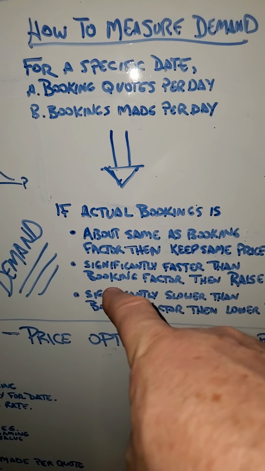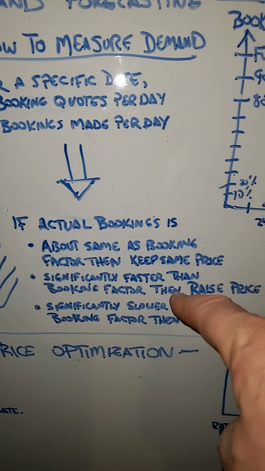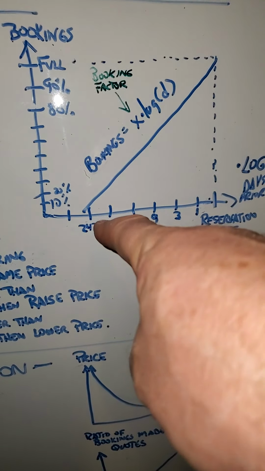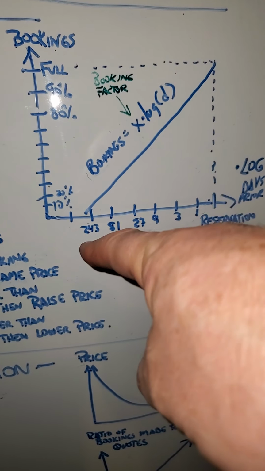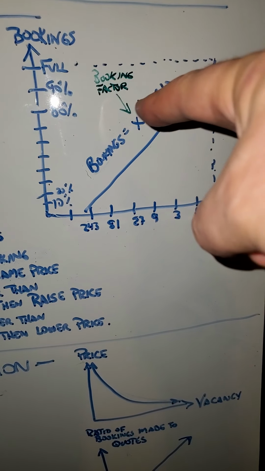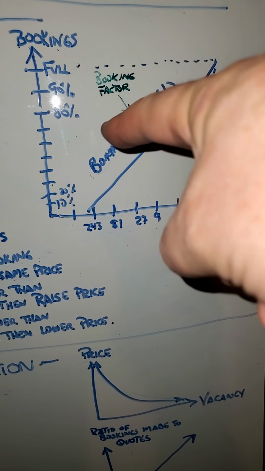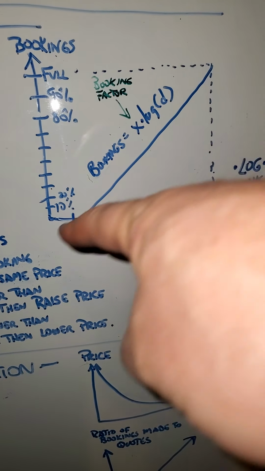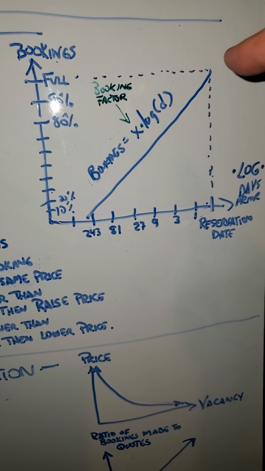If the actual bookings is significantly faster than the booking factor, faster meaning we're getting more bookings earlier in time, so it's going up here, then we're going to want to raise the price. If we raise the price here, it'll slow it down and move that curve that's up here down to this line right here.